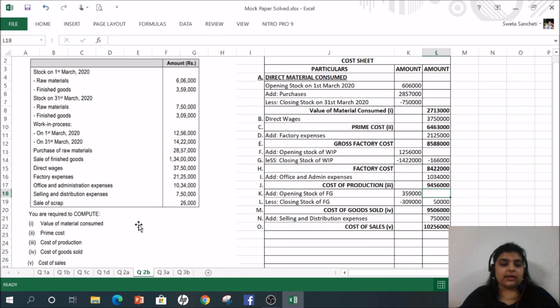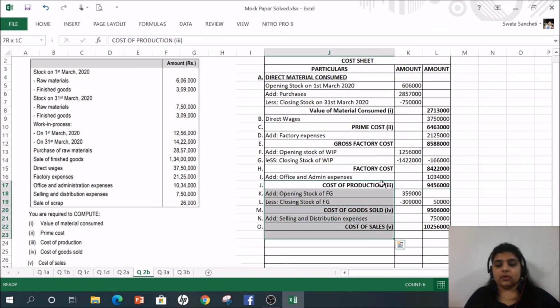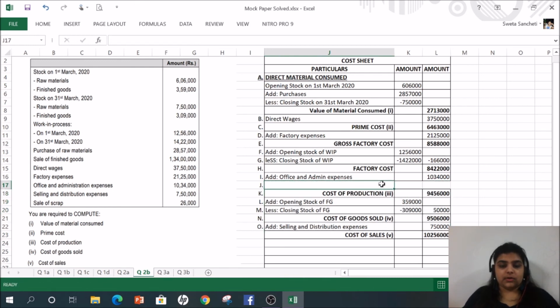There is one more item, sale of scrap. We had to add it here, sorry, deduct from here. So less sale of scrap, that is minus 26,000. So our cost of sales becomes this.